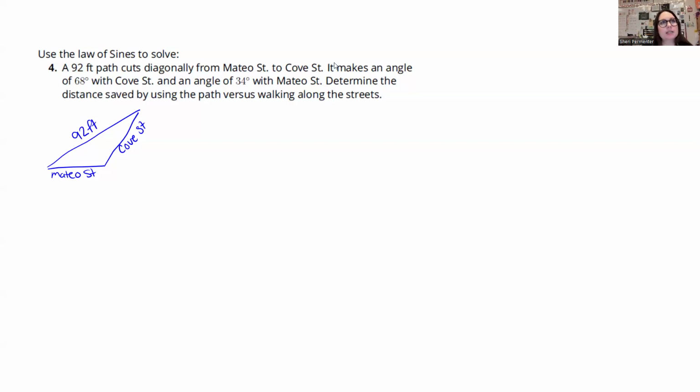It also tells us that there's an angle of 68 with Cove Street. So this is my path, this is Cove Street, and right there we're going to have an angle of 68 degrees. And then it says that we have an angle of 34 degrees with Mateo Street and the shortcut.